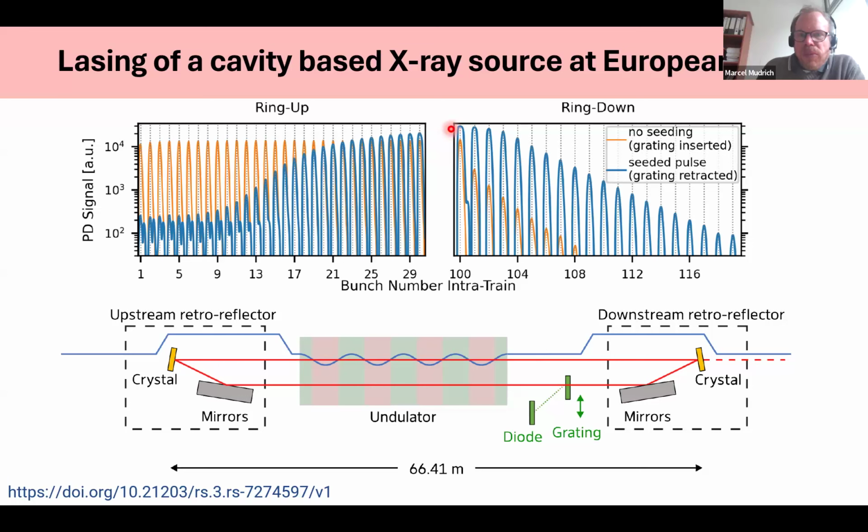And then, when the timing is varied out of sync and the X-ray pulses are no longer amplified, we measure what's called the ring down time. We measure an exponential decay of the X-ray pulses as they cycle around the resonator without being amplified anymore. That's called the ring down time, or the ring down process.